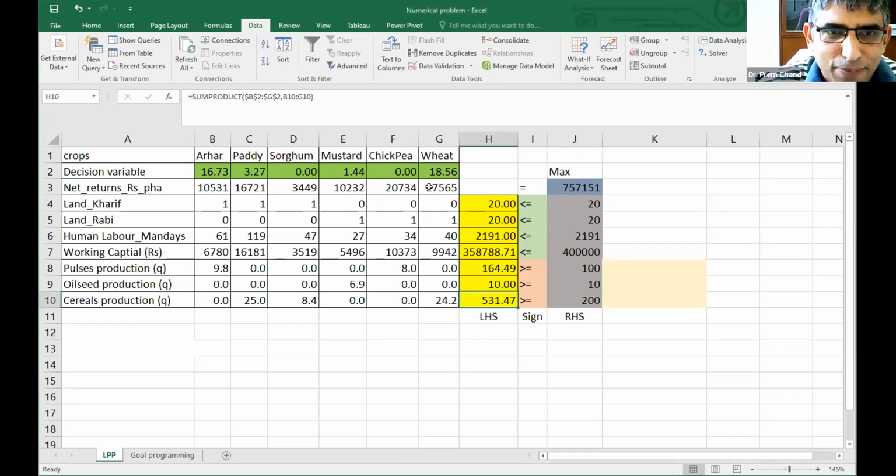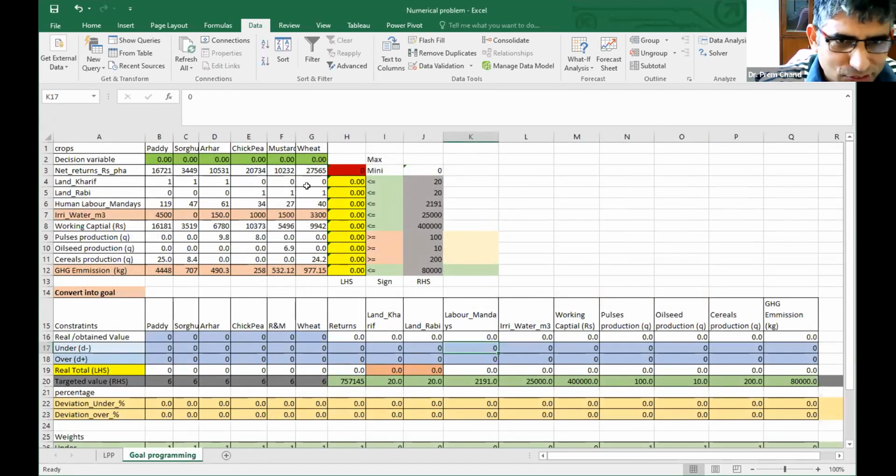So I'm again sharing the Excel sheet. This was my problem, not actually the first problem. I have added 2 dimensions. Here you see, my cursor is moving.